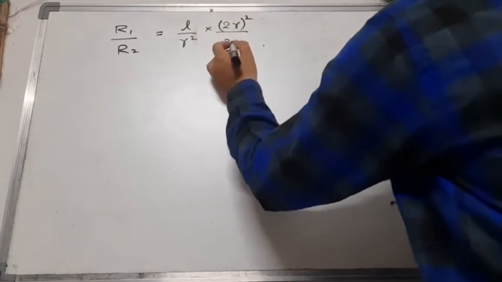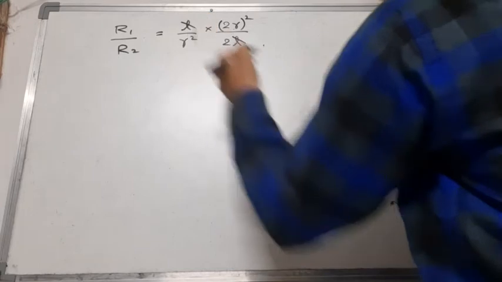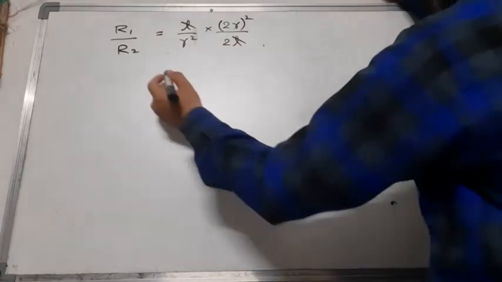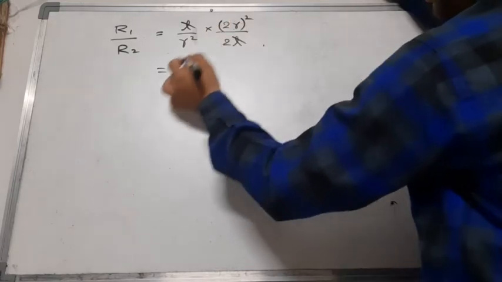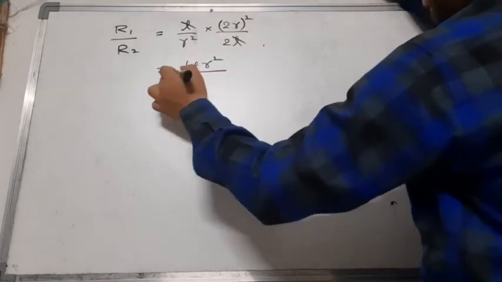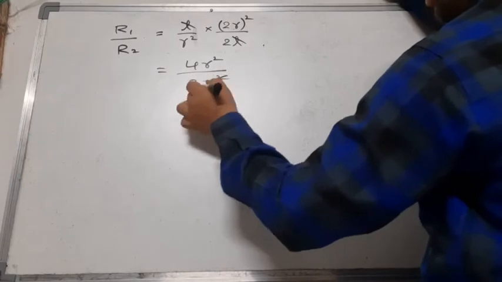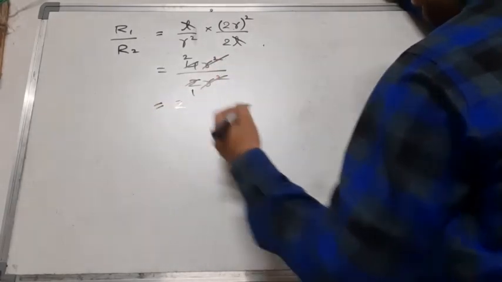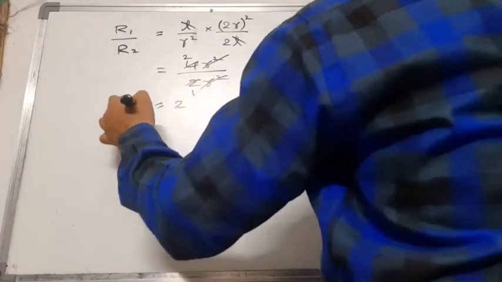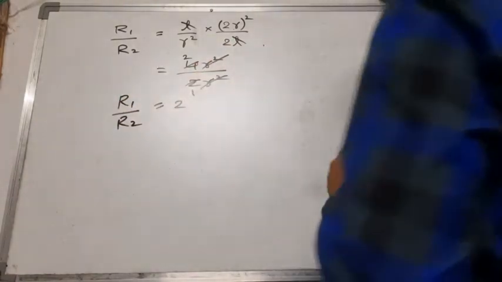L2 means again 2L you will get. So L and L will get cancelled. What is remaining here? 2R whole square means 4R square by 2R square. R square gets cancelled, 2 ones are 2, twos are 2. So you will get 2. R1 by R2 is equal to 2.